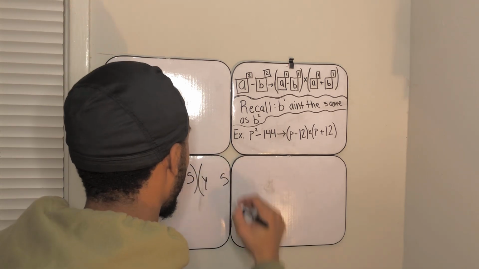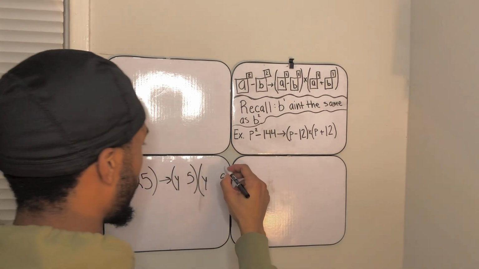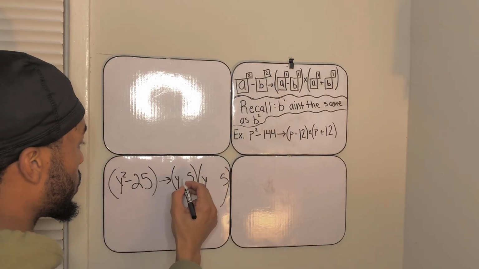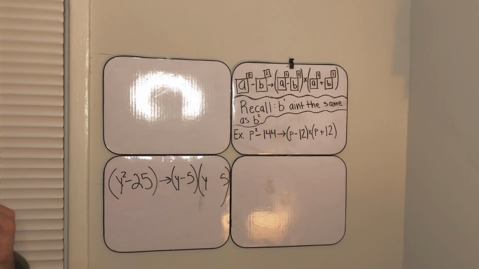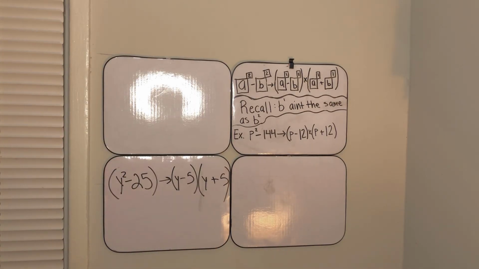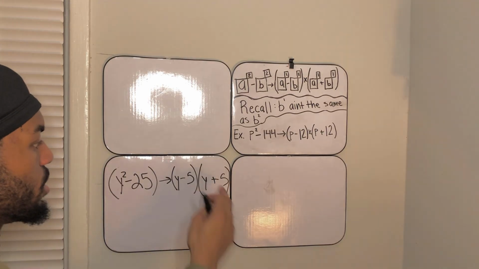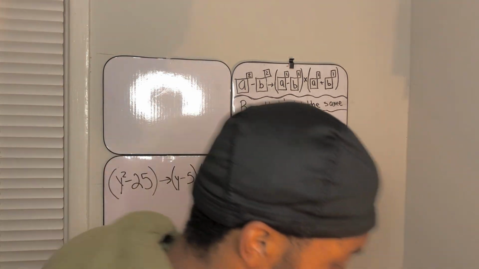The only thing we have to worry about is whether it's addition or subtraction. In the first set of parentheses it's minus, and in the second it's plus. So y squared minus 25 is y minus 5 times y plus 5.